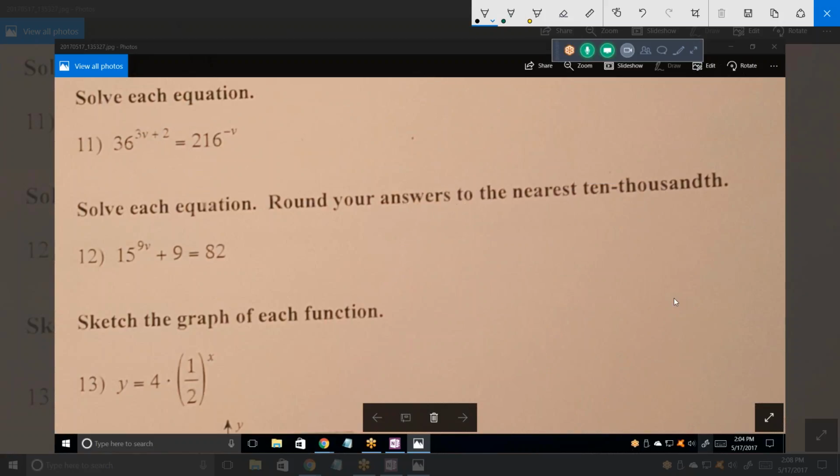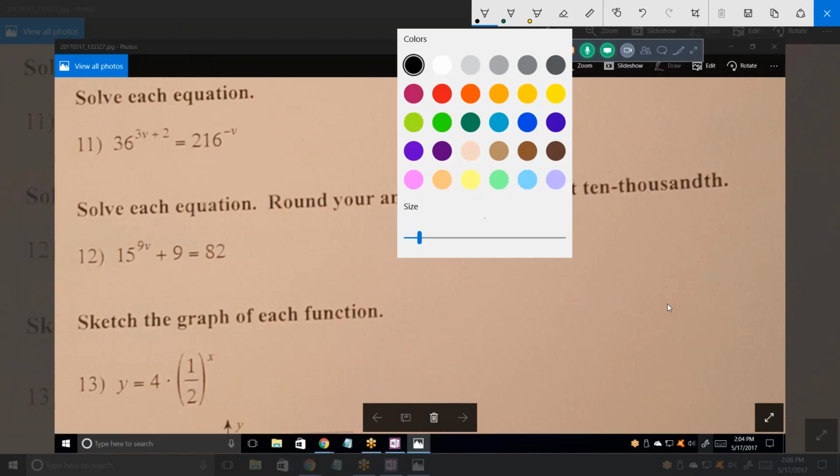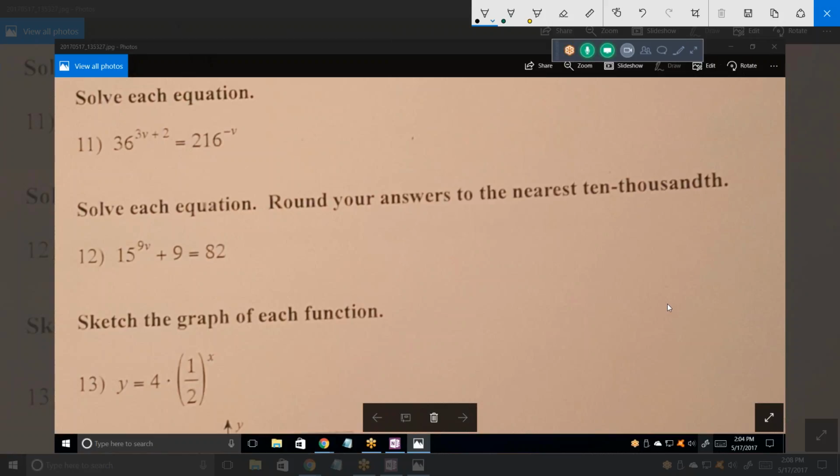Okay. So, let's look at number 12. First step on 12. Subtract the 9 to get the exponential number on its own. Now, is there a common exponential base between these two numbers, 15 and 73? No. Okay.